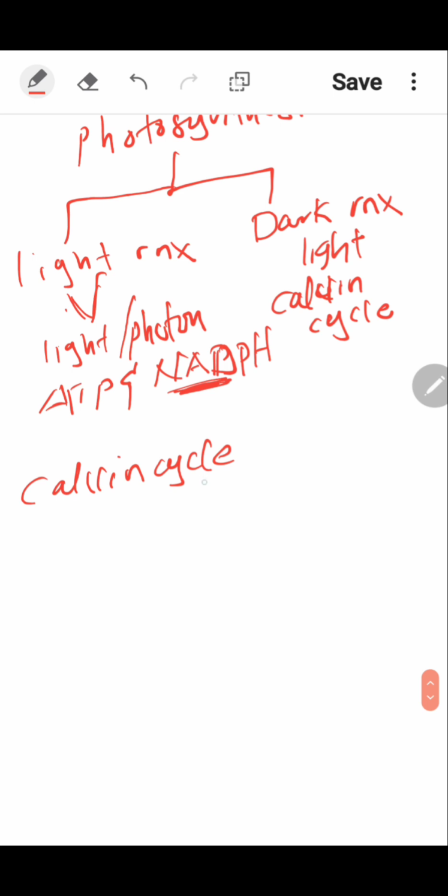Anyway, the Calvin cycle does not really produce sugar. Now, it produces phosphoglyceraldehyde, so it produces something known as PGAL, and G3P.